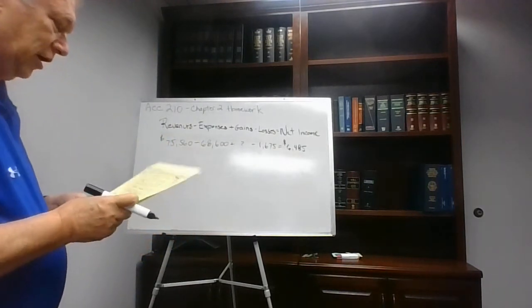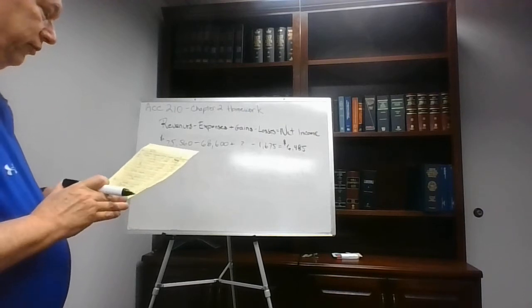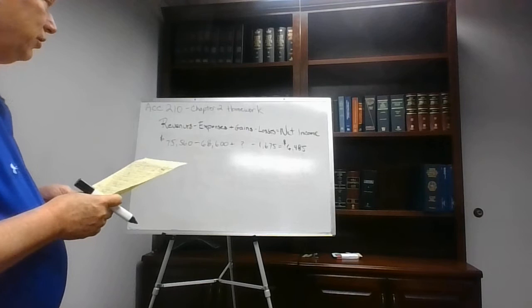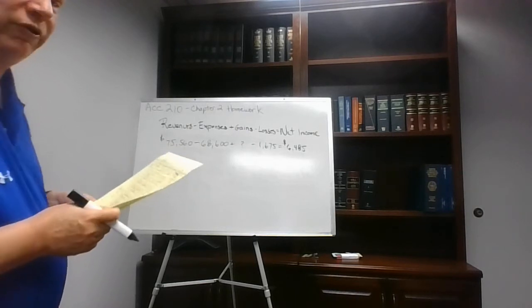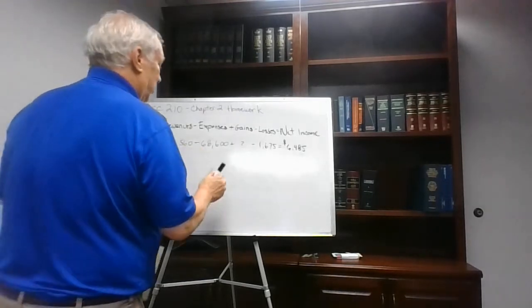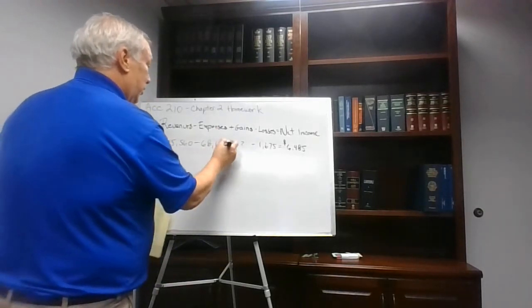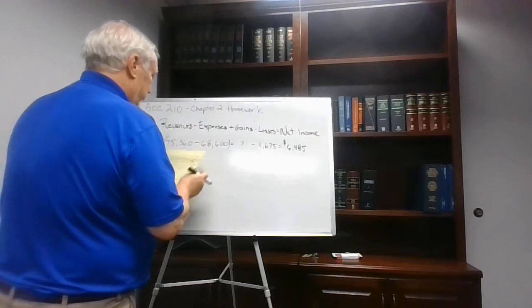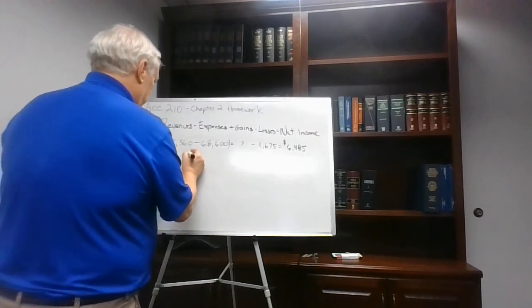Okay, how are we going to figure this guy out? Well, one of the things that might be easy is to do sort of a combination of what we did before. We've got revenues minus expenses. Let's simplify it by getting rid of revenues minus expenses and just turning it into the difference.